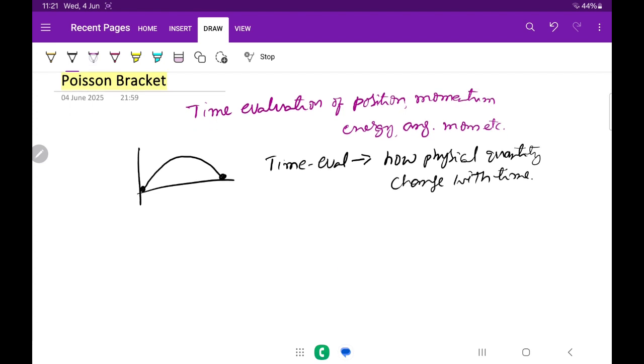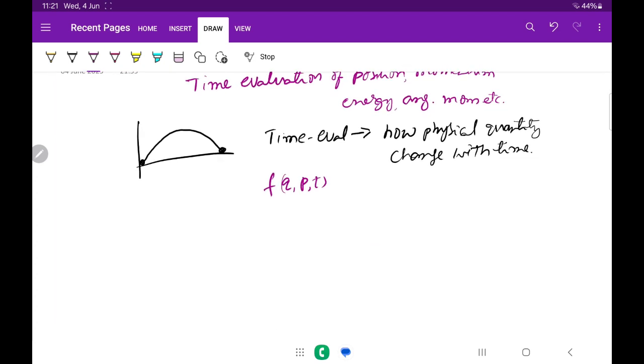So how can this time evolution be done? There is a mathematical formula. For example, there is a function f, a function of position, momentum, and time. Then the time evolution of this function f can be given by df/dt = [f, H] + ∂f/∂t.